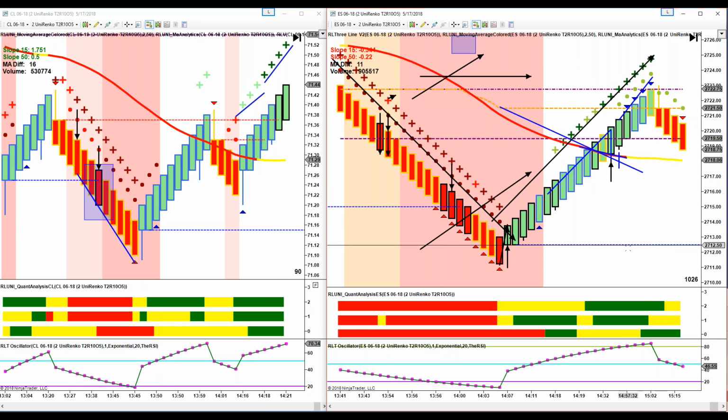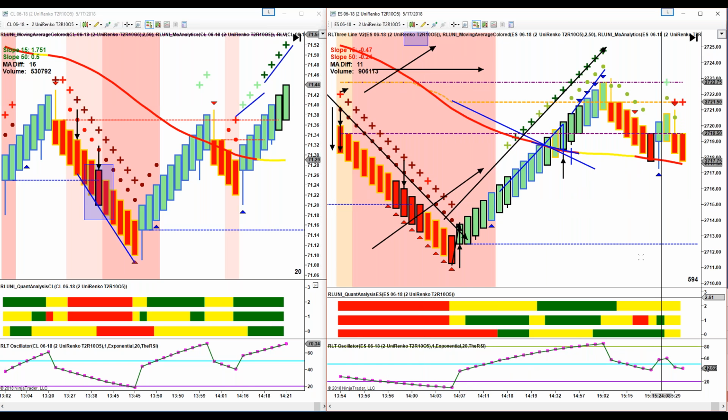If the correlative markets on the E-mini ran at the same speed as the correlative markets on crude, they would move way too fast, or vice versa, these would move way too slow. So we have to modify the correlative market speed based on the speed of the market they're tracking. And that's what takes all the work. And that's why each individual instrument and each workspace is optimized and different.